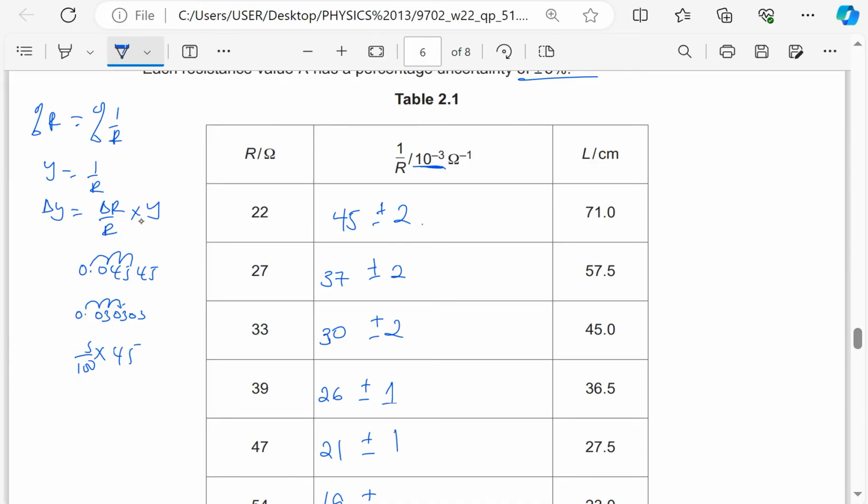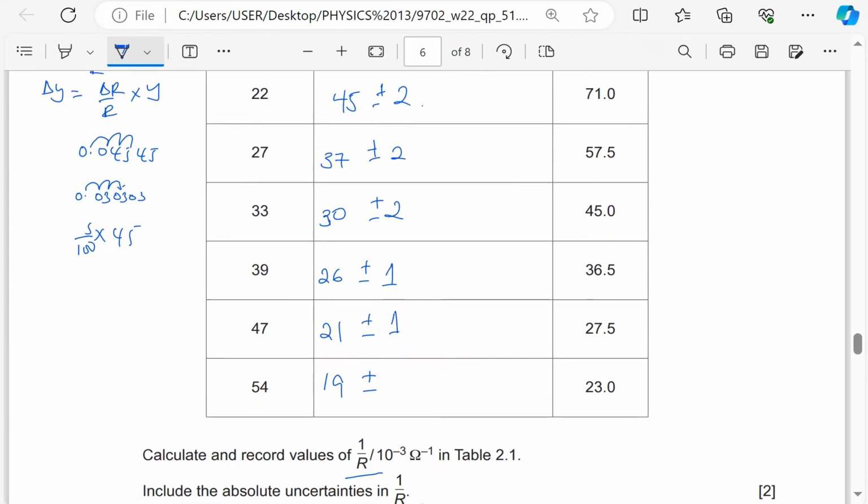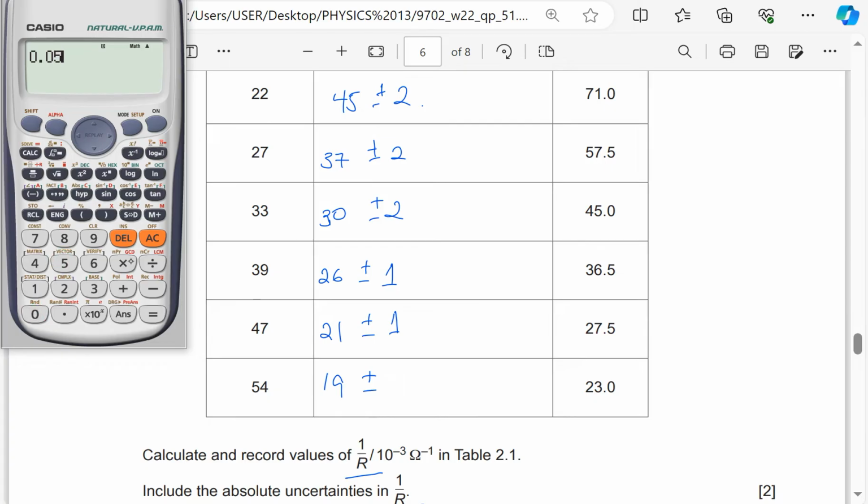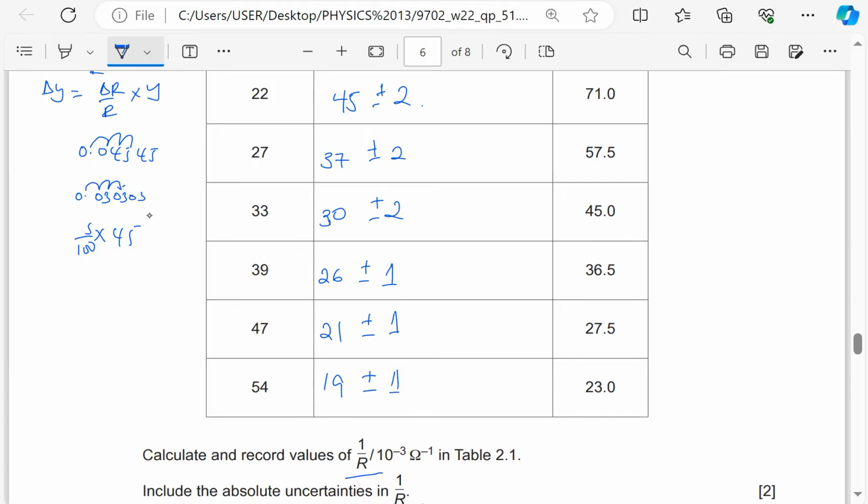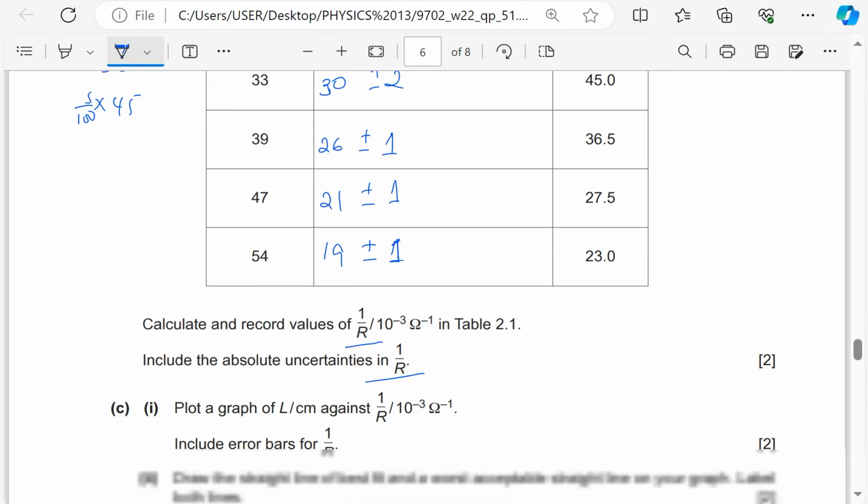So this is also plus or minus 1. Then 0.05 times 19. So this is also plus or minus 1. So those are going to be the absolute uncertainties. You could write more significant figures, but plotting is easier if the absolute uncertainty is to one significant figure.